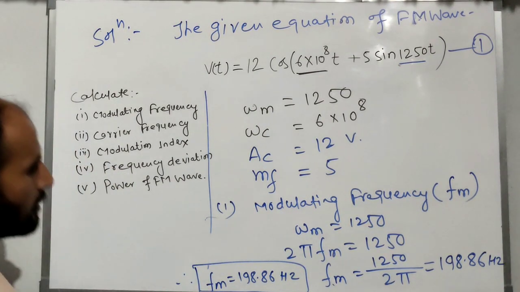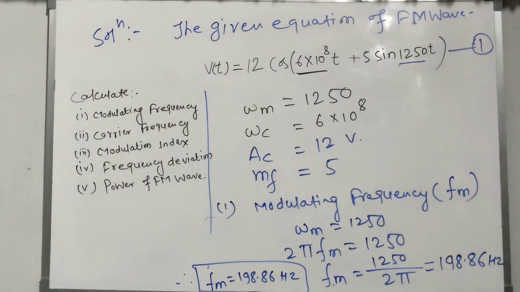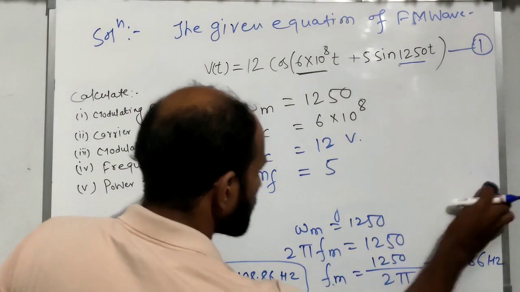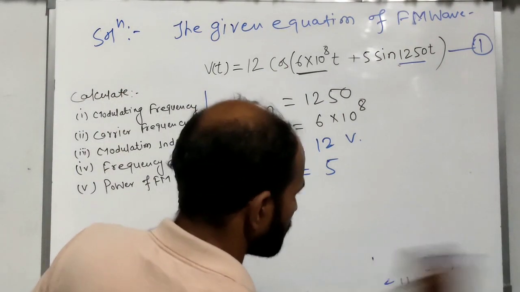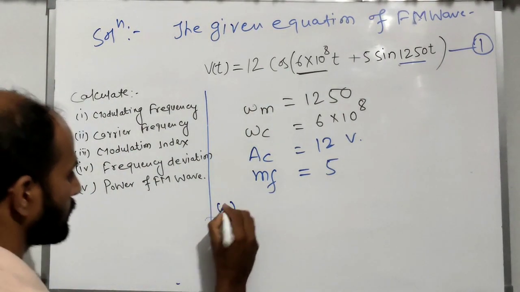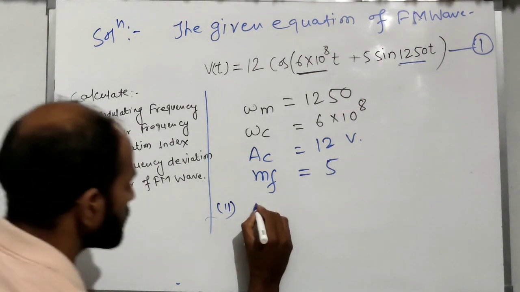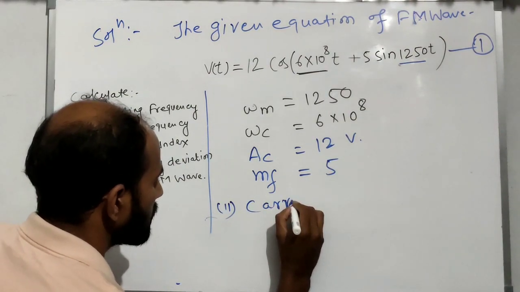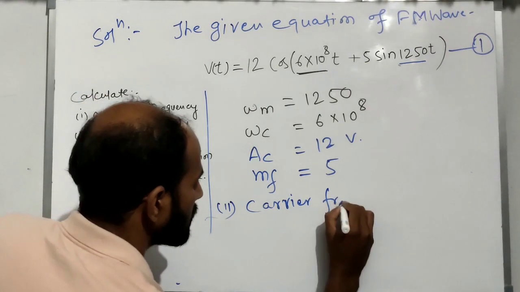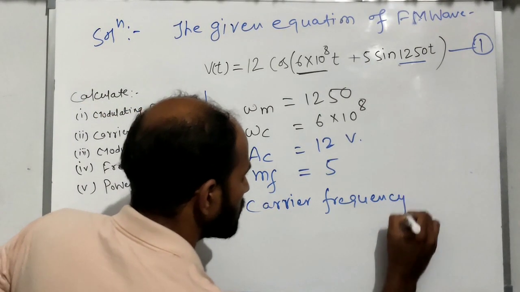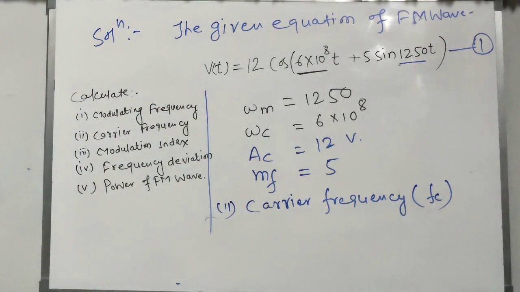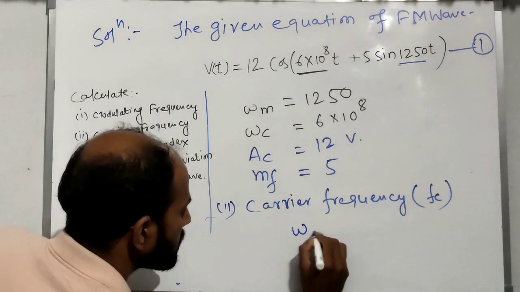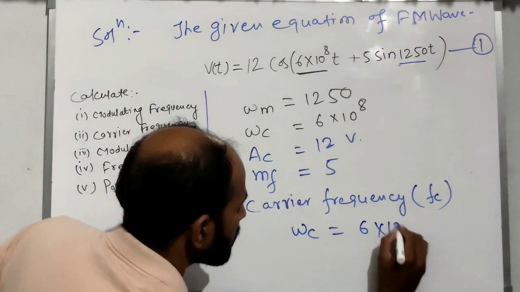Okay, now we calculate the carrier frequency, second. Carrier frequency fc. Here omega c is given: omega c is equal to 6 into 10 to the power 8.